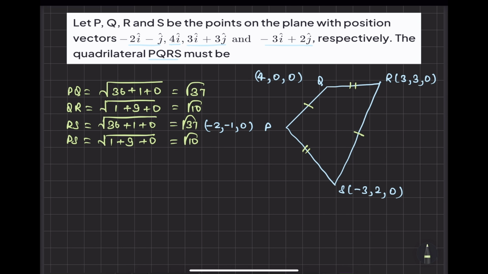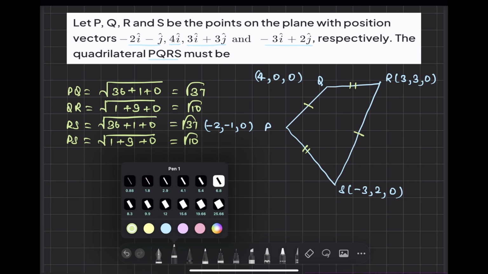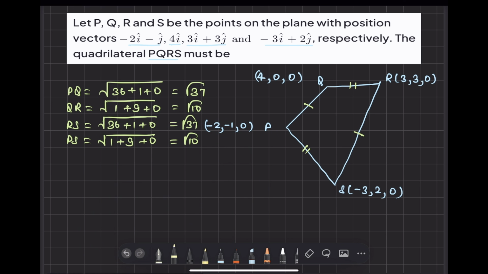Now to make sure we need to go with the diagonals, then only can we finalize. If the diagonals are equal, it is a rectangle as well as a parallelogram. If the diagonals are unequal, it is a parallelogram.